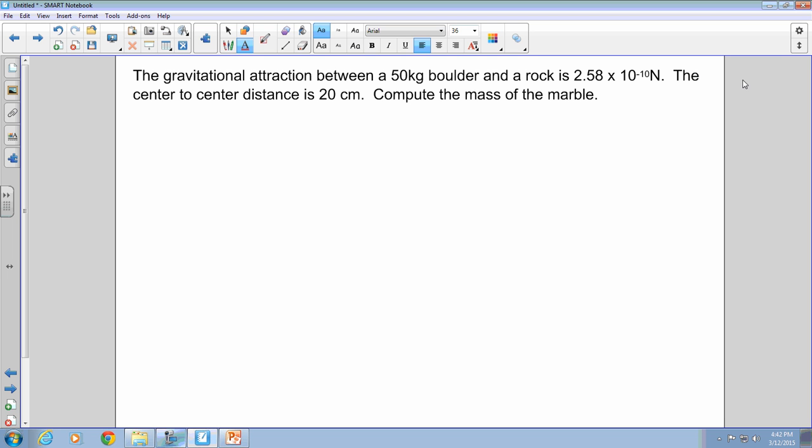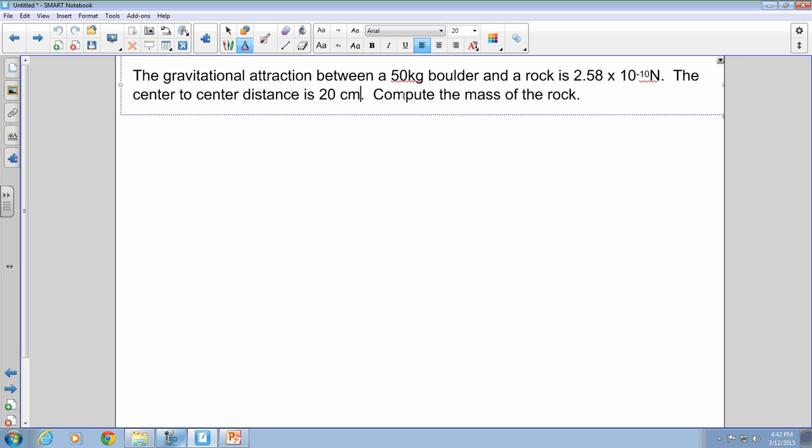We have the gravitational attraction between a 50 kilogram boulder and a rock is 2.58 times 10 to the negative 10th newtons, and the center to center distance is 20 centimeters between them. Compute the mass of the, let's change that to rock.